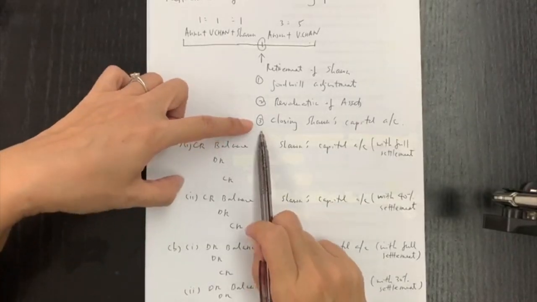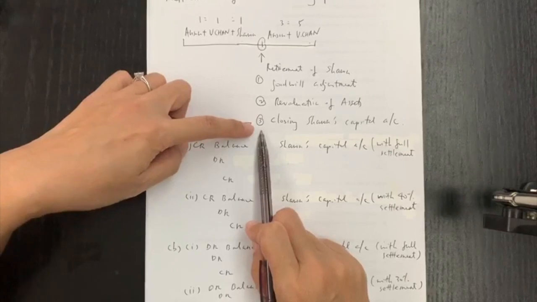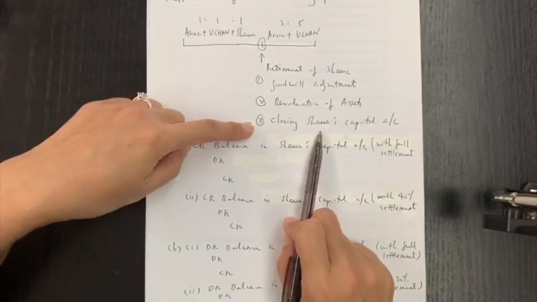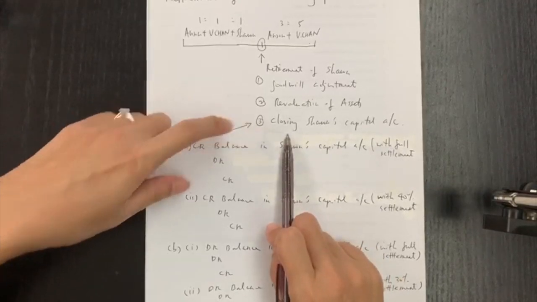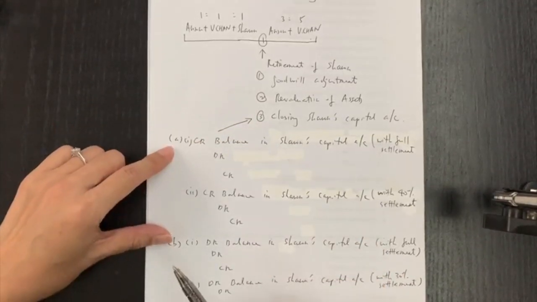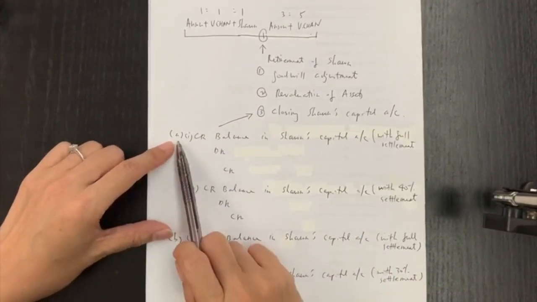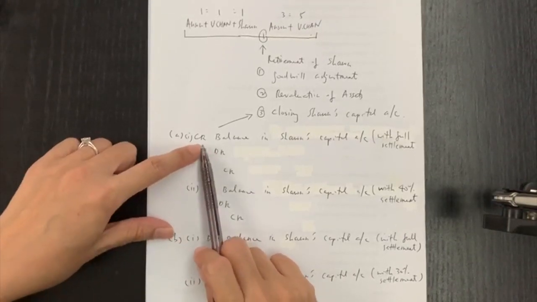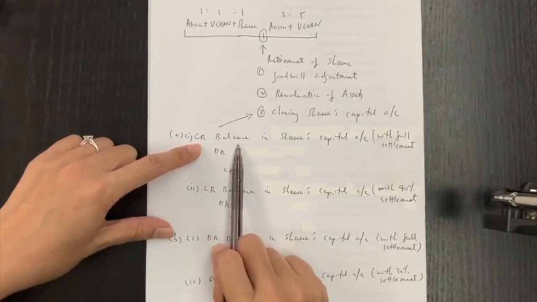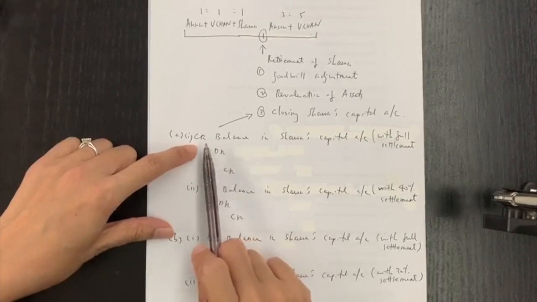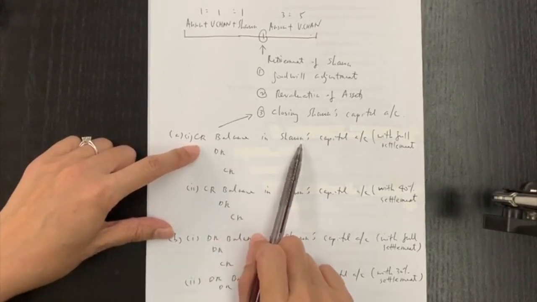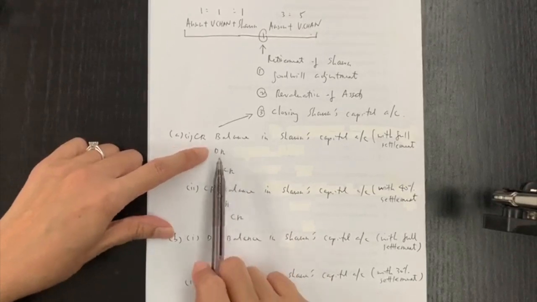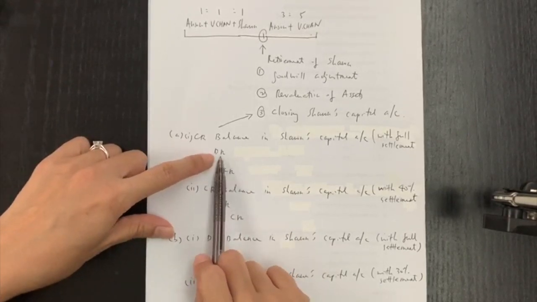Now we come to the critical moment. Since Sharon is leaving, all things related to Sharon should be closed. Here we have 2 situations. Situation A: what if Sharon has a credit balance in her capital account? Remember, credit balance is positive to her, right? Since we need to close, we go to the opposite side, that would be the debit side.